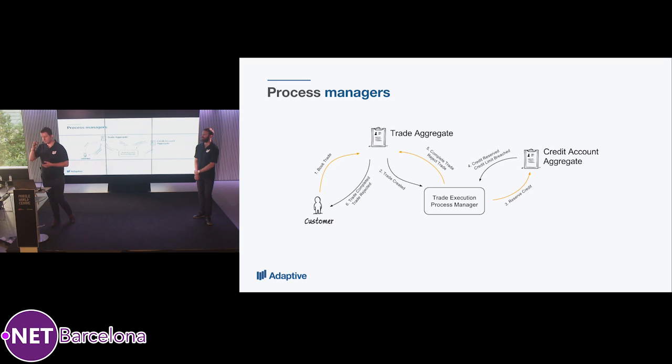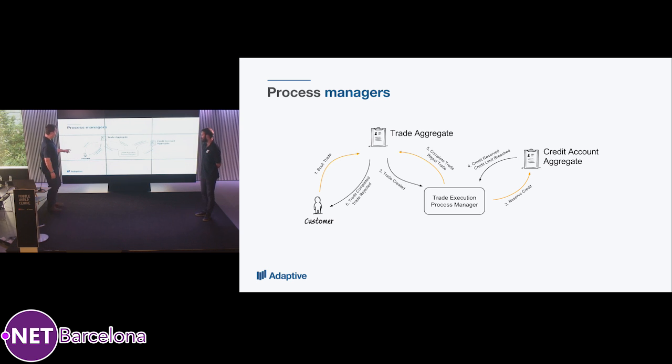On the second question, could it get out of sync? Could there be a race condition? That comes back to the consistency boundaries. If it's really important that the trade you do matches against the current price of the market, what you have to do is bring those two things together in an aggregate. The process that we were starting to build with the credit reserved amount is actually a good example of this.